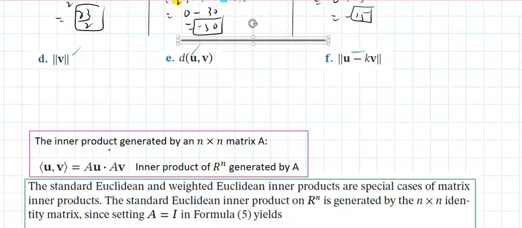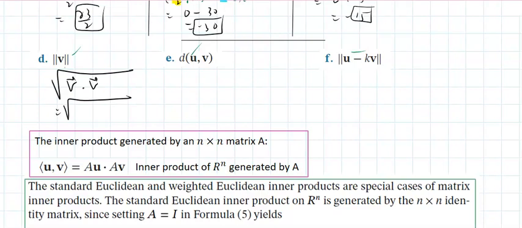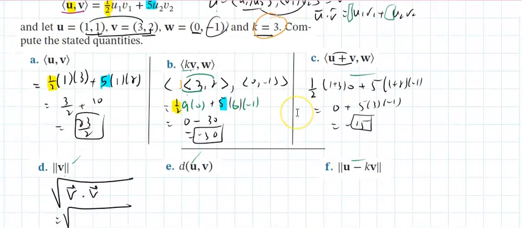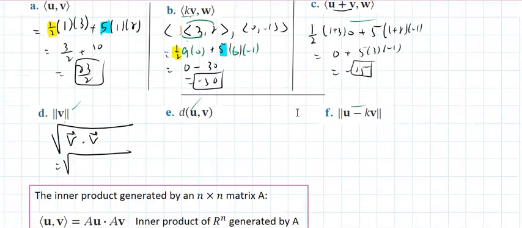Magnitude of V, well, we know what that is. How do I write that? Let's go this way. That is the square root of V dotted with V. And what would that be? Well, if we're only talking about V, V was 3, 2.